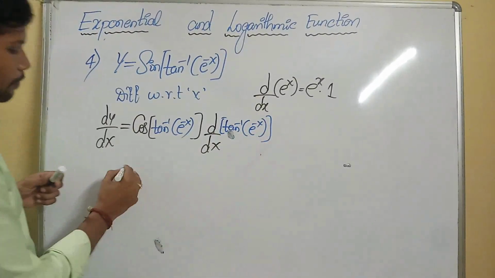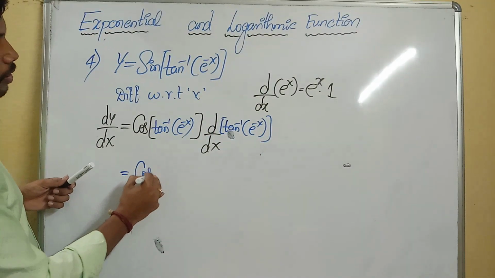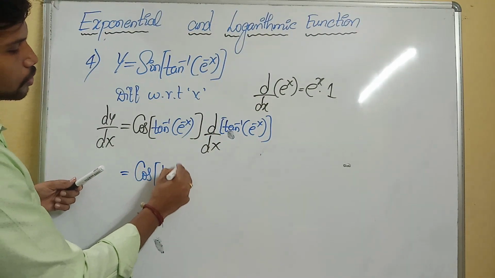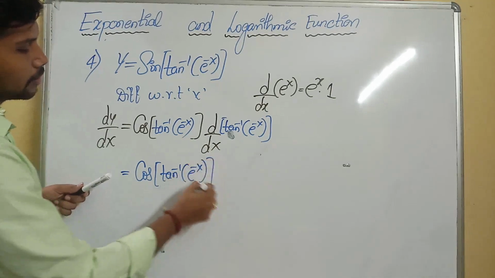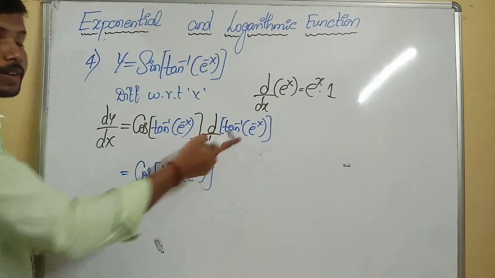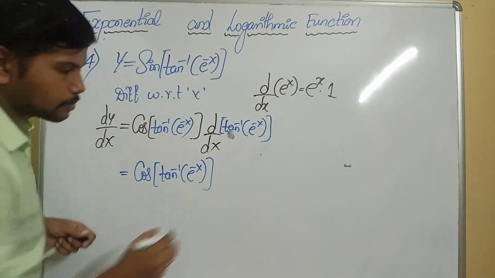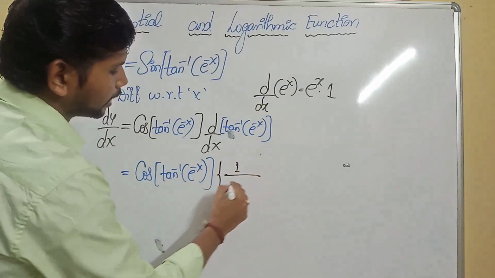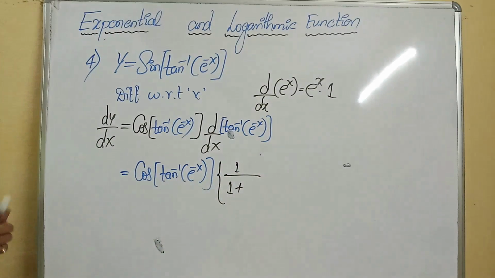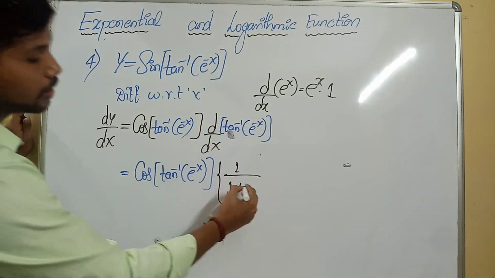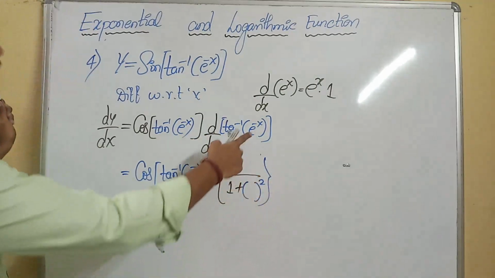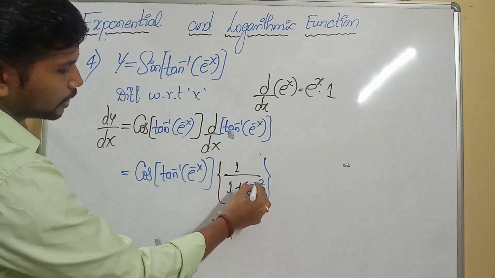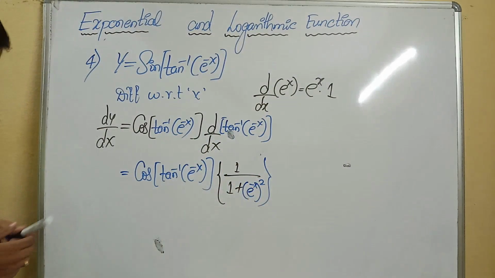Got it? It will be cos of tan inverse of e raised to minus x, this term as it is. Now the derivative of tan inverse of x is 1 divided by 1 plus x square. That's why I write 1 divided by 1 plus, what is the value of x square? In the place of x, what is there? e raised to minus x. I need to write e raised to minus x. Did you understand properly?